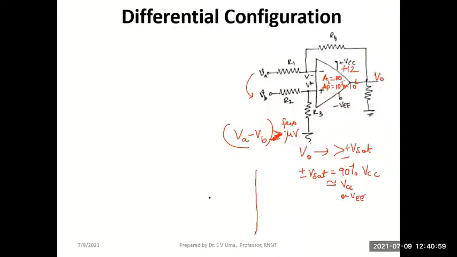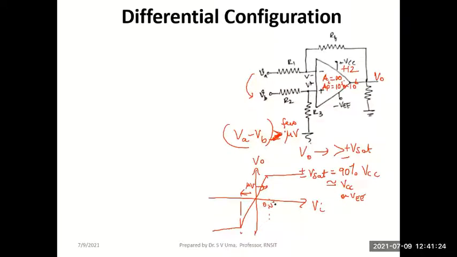I had shown you the transfer characteristics of the op-amp if you remember in the beginning. See, an op-amp has a transfer characteristics which looks something like this. This region where the output voltage is changing linearly with input voltage is very, very small. It is in the microvolts range.